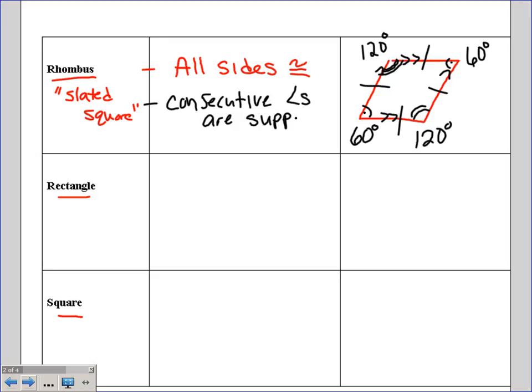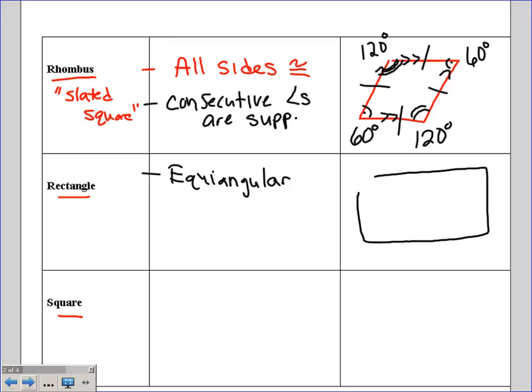Rectangle. Rectangle, guys. We're almost there. Equiangular. So it's a parallelogram that's equiangular. Okay? So, when we draw this, I'm going to try to leave enough space here.